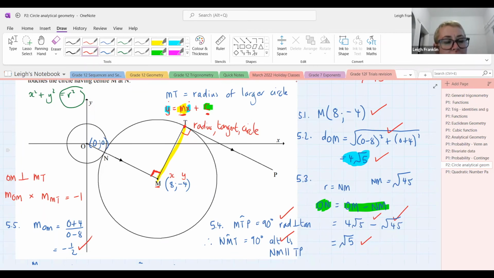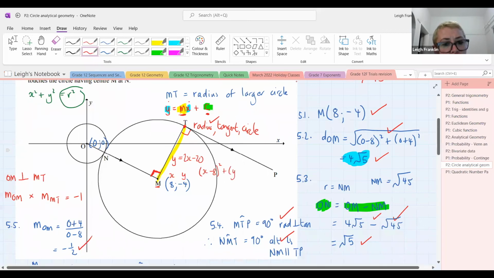We already have the equation of the radius. We've just worked it out. We know that it is the equation y equals 2x minus 20. We've also got the equation of the circle. Remember, they told us in the beginning that the equation of the circle was (x minus 8) squared plus (y plus 4) squared equals 45, if I remember correctly.